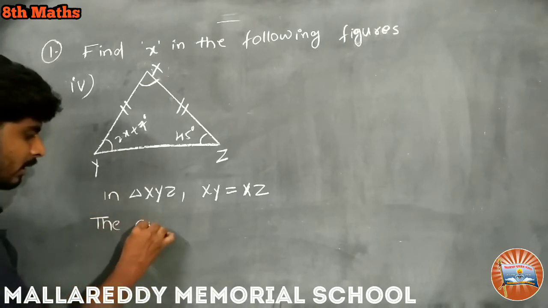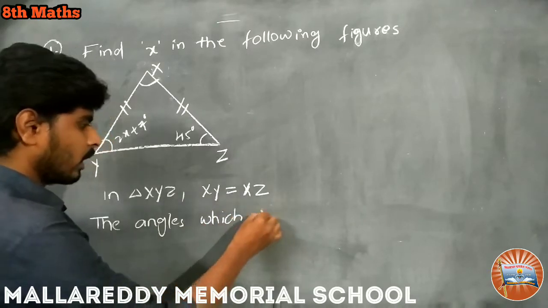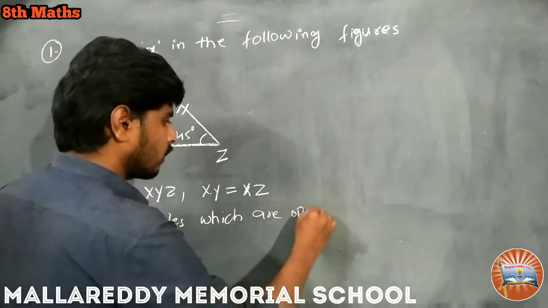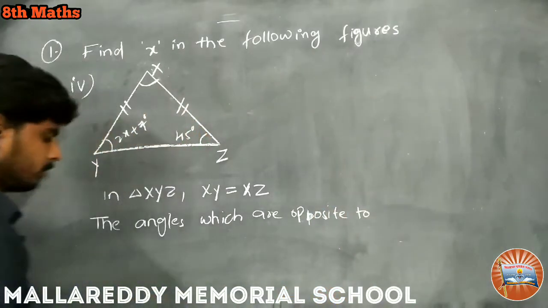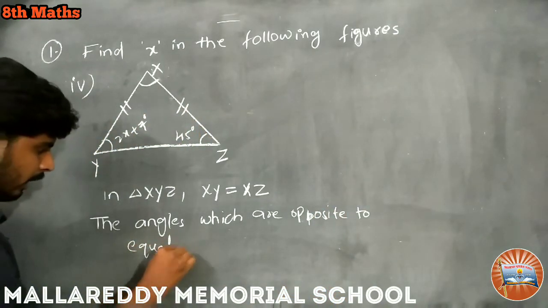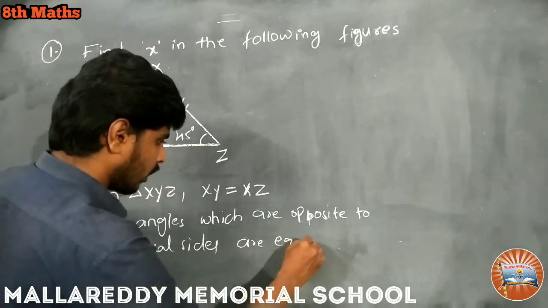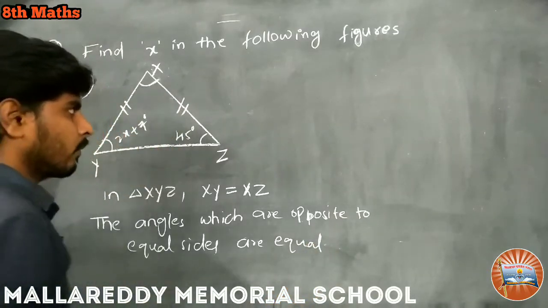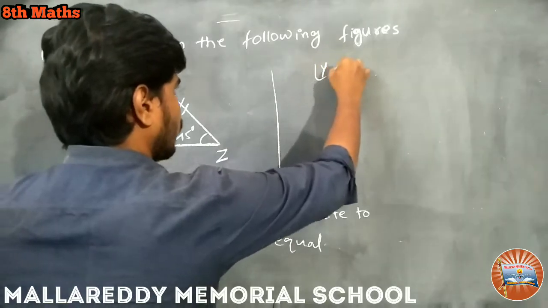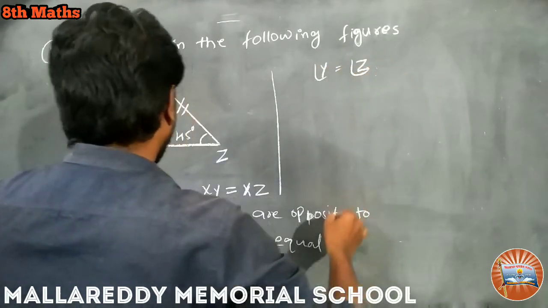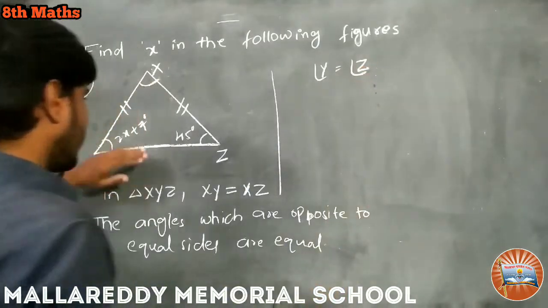The angles which are opposite to equal sides are equal. By this property, angle Y is equal to angle Z. What is the angle Y given here?